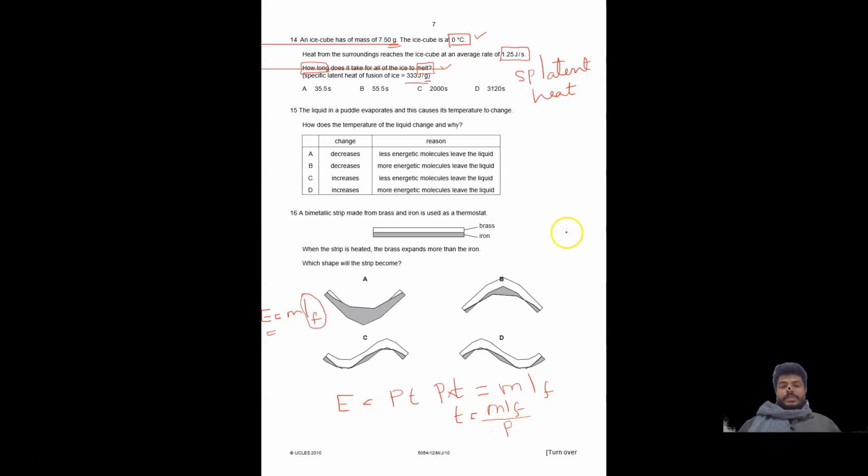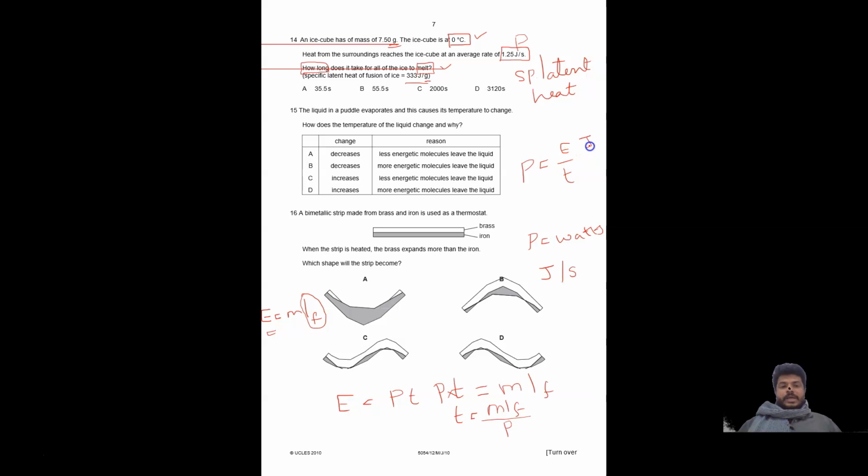The unit of power is always given in watts, right? So watts is equal to joule per second. So 1.25 joule per second is the power, and you substitute 1.25 joule per second in place of power. How does it become joule per second? In the power formula, power is energy over time.